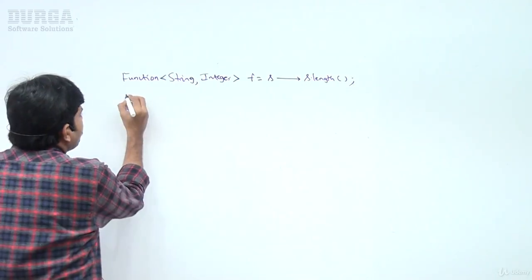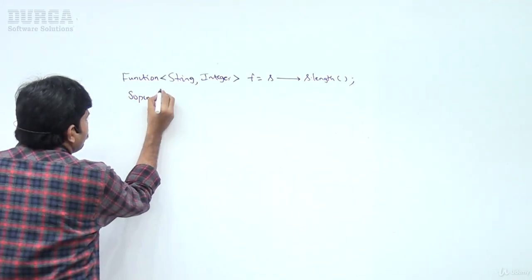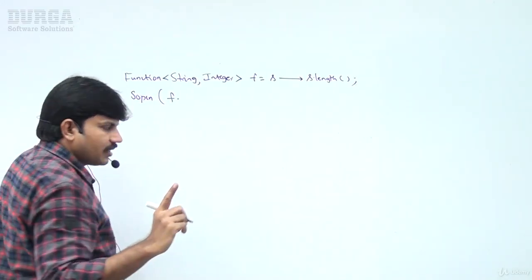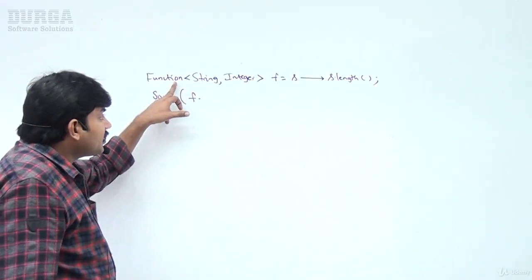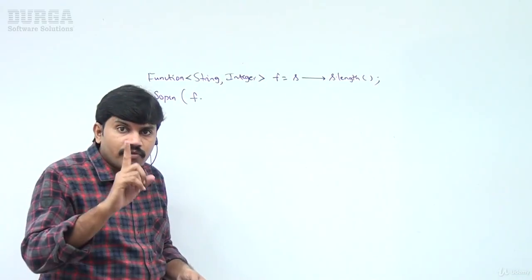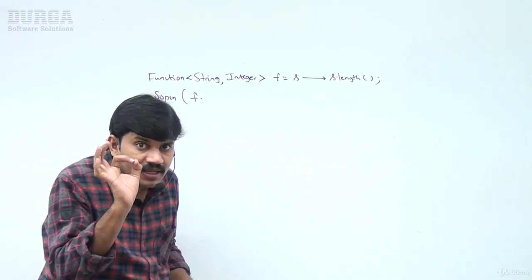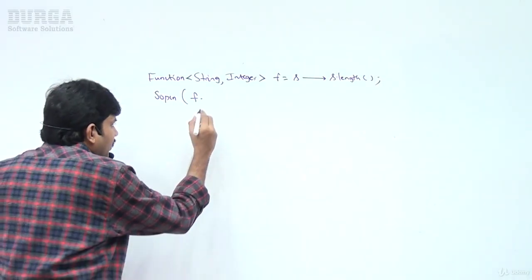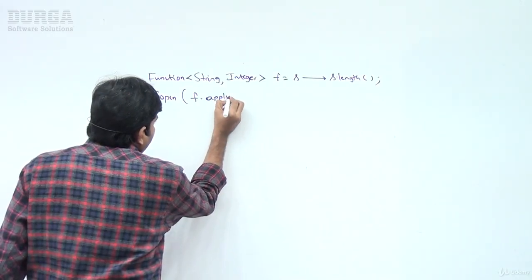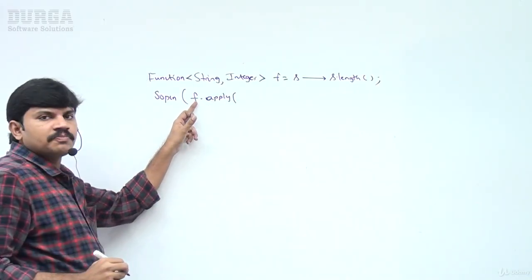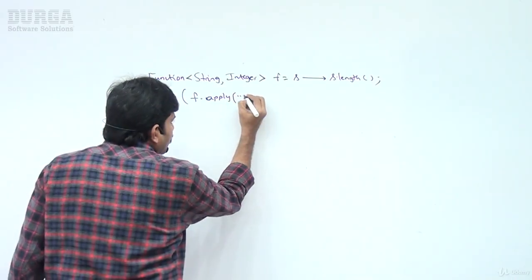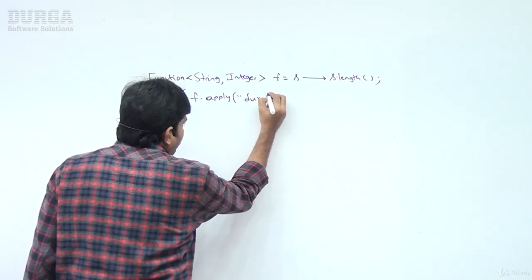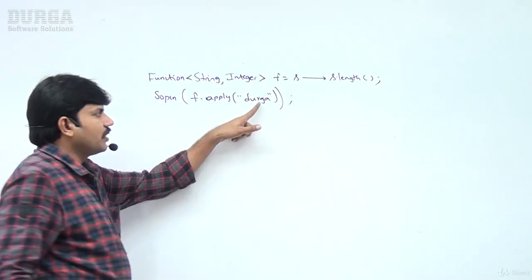Simple example, sir. Now System dot out dot println f dot. Do you remember? The Function interface contains one method. What is that method, sir? Apply. Apply is the method. f dot apply. Can you please apply this function to which argument? Now I'm just taking Durga. Durga is my argument.